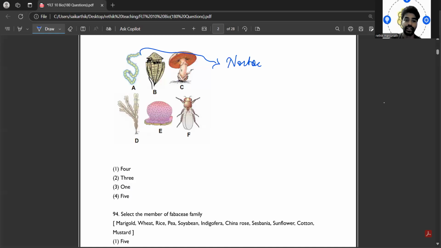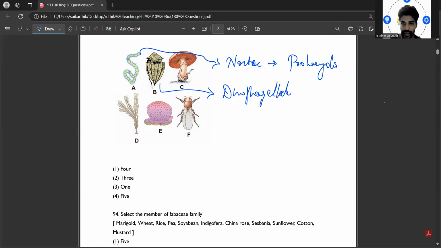Yes, A will be the stack. What about B now? So stack, they are actually the prokaryotes. What about B then? So B are dinoflagellates, correct? So handwriting, I hope you're understanding it. They are basically eukaryotes.